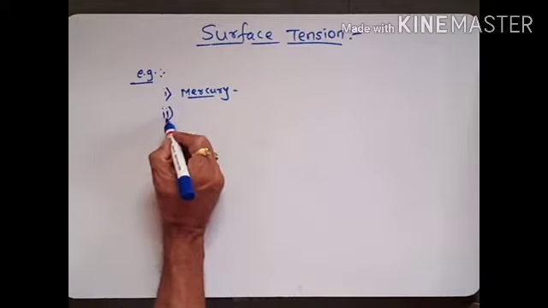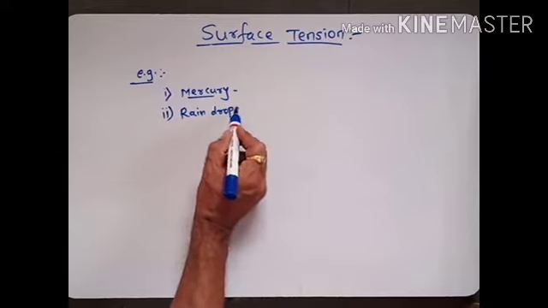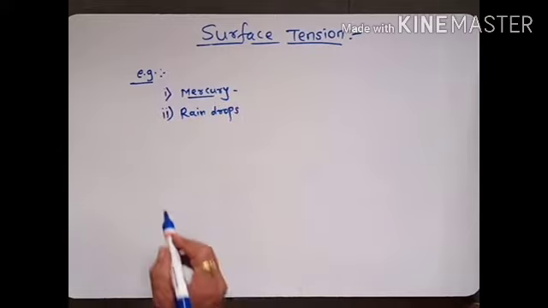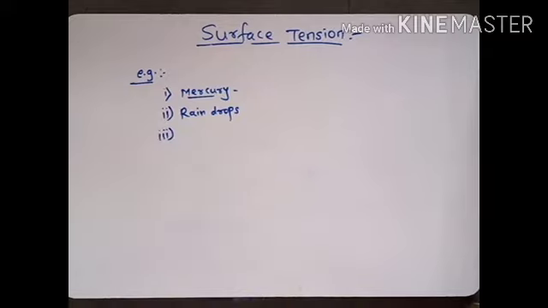Second, raindrops are also spherical in shape. Or third example, when a gauged steel needle is placed on a water surface, it floats on the water surface.